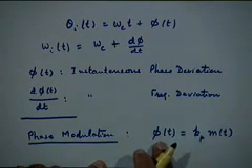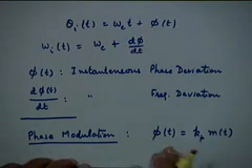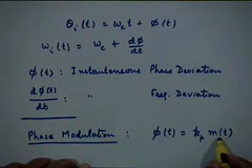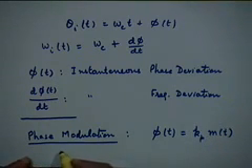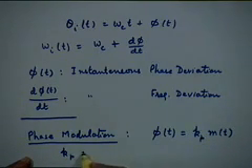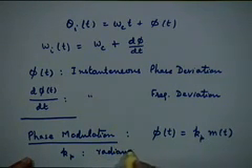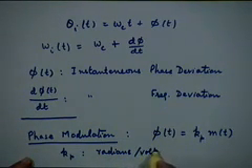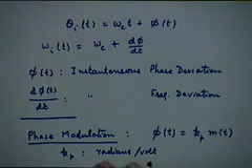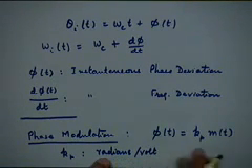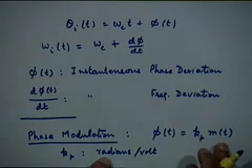Since this will be in radians, phase is measured in radians, and this will be typically in volts, right, the constant k sub p would have the dimensions of radians per volt, right. So basically a phase modulator would produce a phase deviation in proportion to the message signal amplitude at time t.